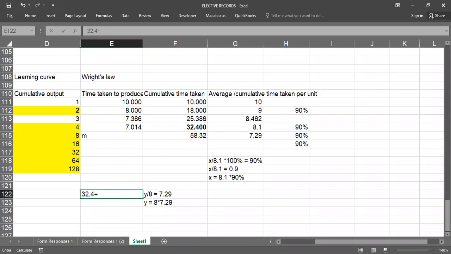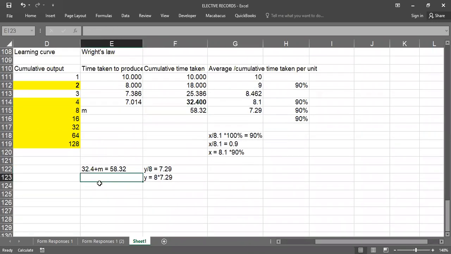Then I add an M to give me the cumulative, which is 58.32, isn't it? That's what I've been doing. So to get this value, you take the previous cumulative plus the time taken in year 4 to give you this new cumulative. So if I have M here, I already have a value here. I'm saying this previous plus M should give me this 58.32, which ideally you now just subtract. So our M is equal to 58.32 minus 32.4.